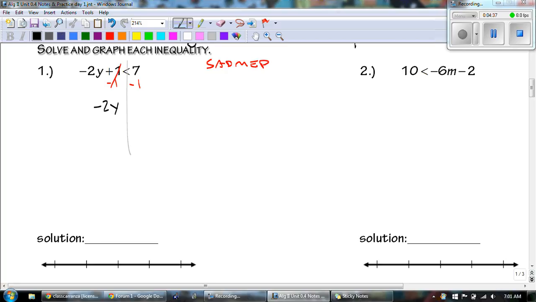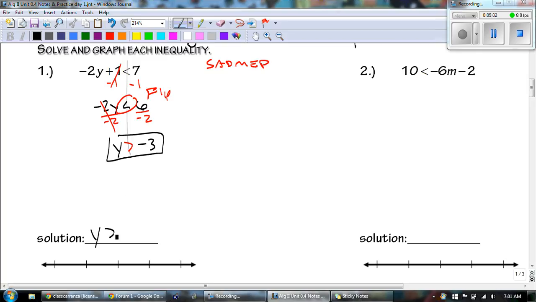We got negative 2y is less than 6. And now when I divide by my negative, I need to remember that I have to flip, okay? So I get y is greater than negative 3, okay?